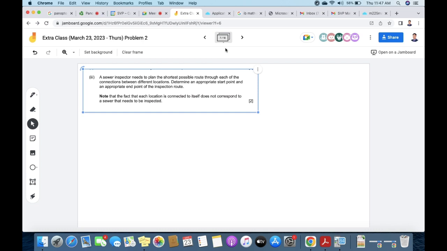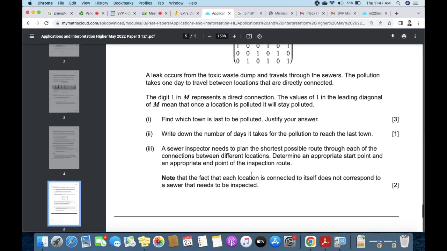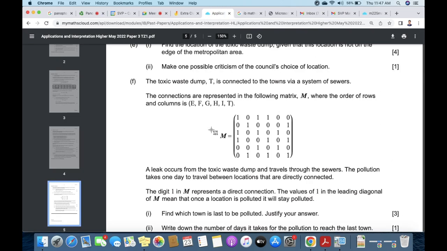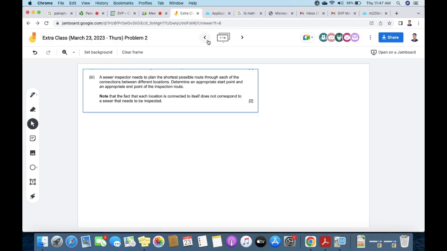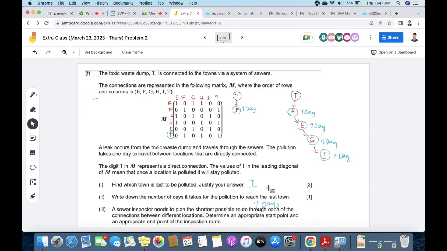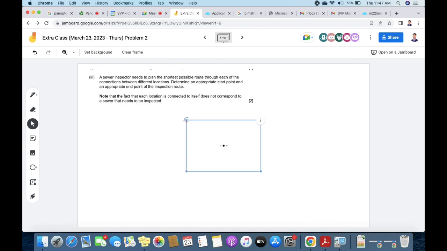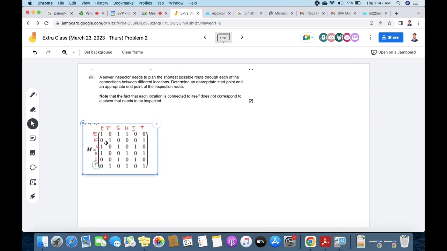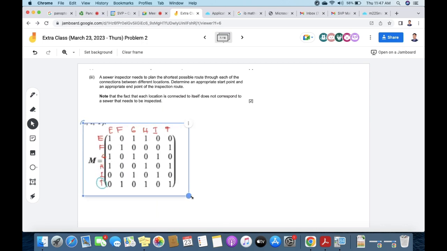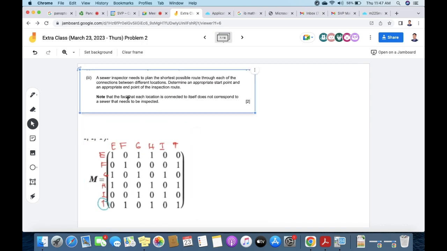Wait, let me just copy this again because we need this for the last question. Let me just copy this one, the one that I drew. So we need this one with the labels. Okay, so here for the last question, you have a sewer inspector.